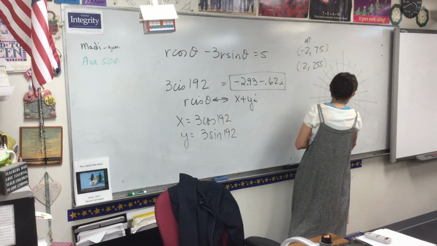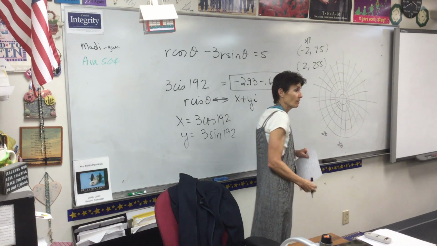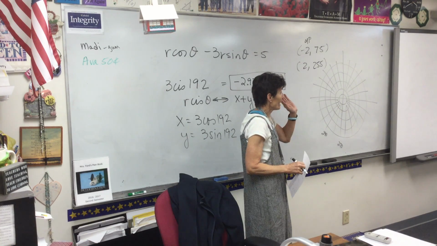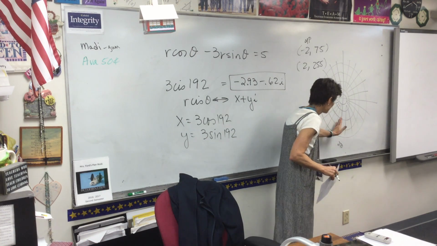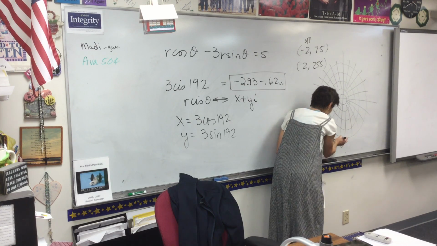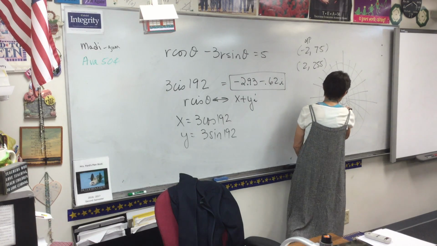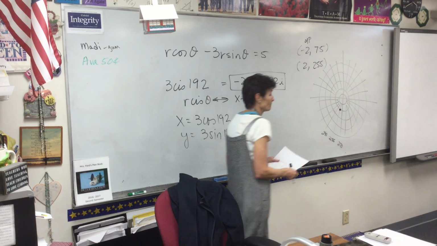Don't panic. 255 is not on your chart or on your grid, but every 15 degrees there's a line. So halfway between 240 and 270 is 255. Second circle out, 255, there's the point.